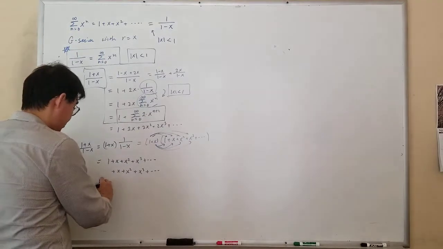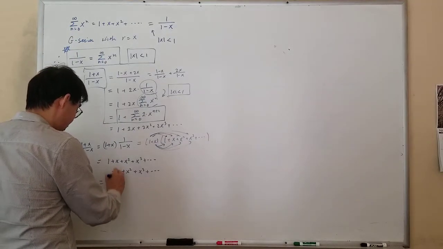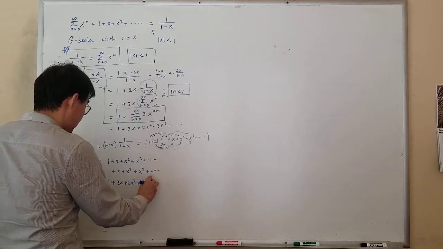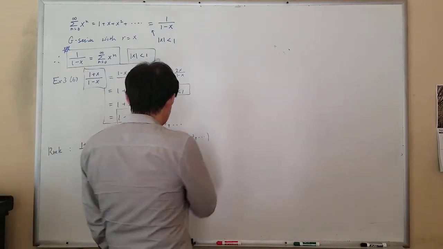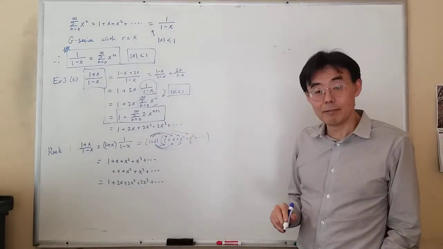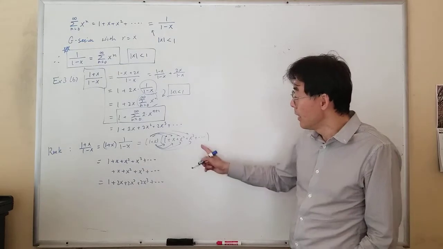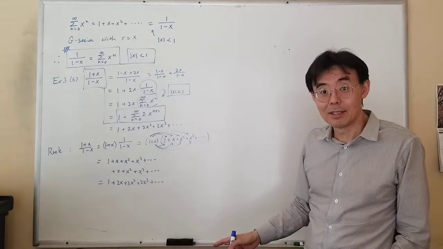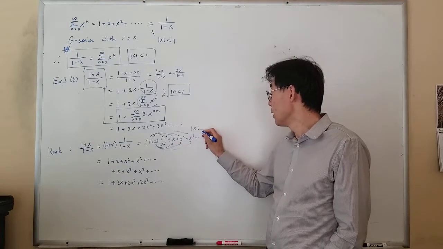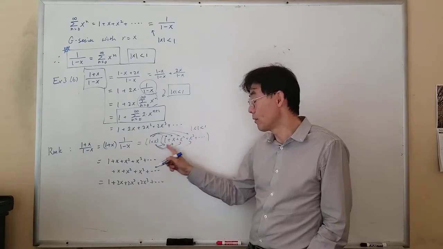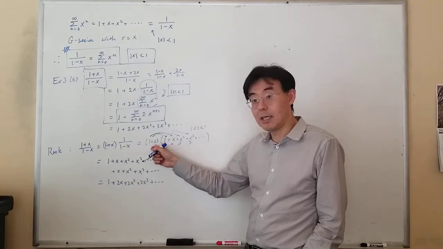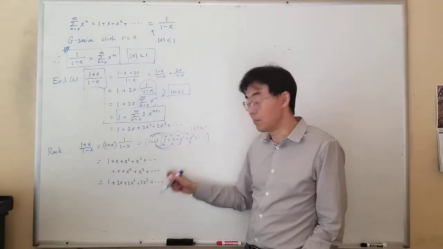If you add them up, what do you get? 1, and then 2x, 2x squared. Hey, this is exactly the same as the result we already have, right? And this is not a coincidence. As long as you are within the interval of convergence, infinite foiling is possible.